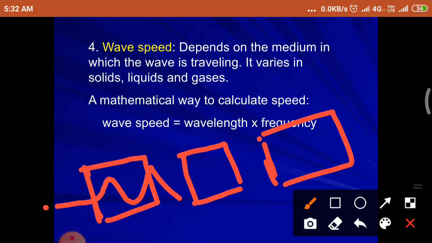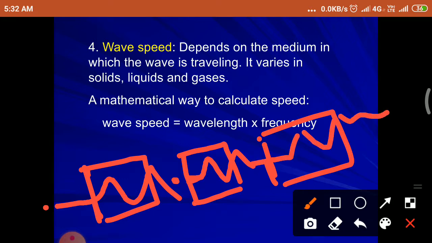In a liquid, the speed increases. In a gas, it moves very fast. So depending on the medium, the speed of the wave is decreased or increased.